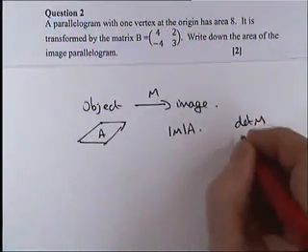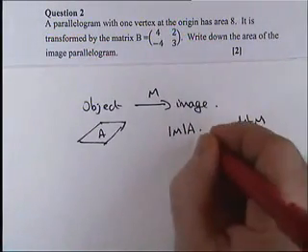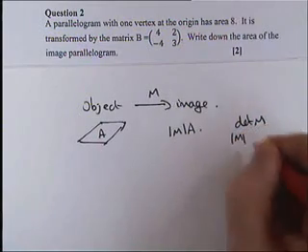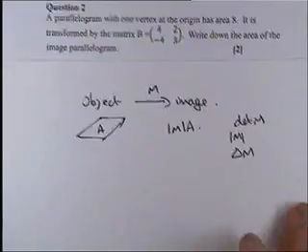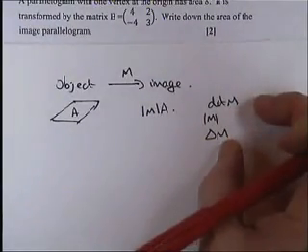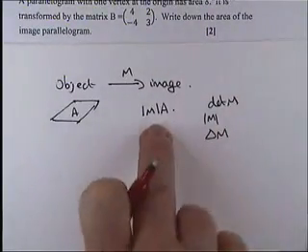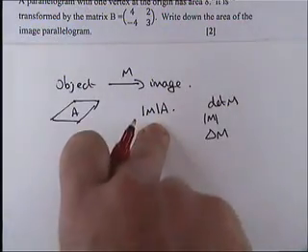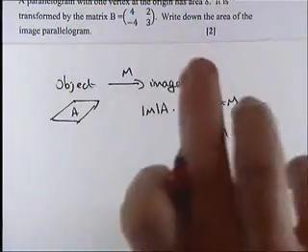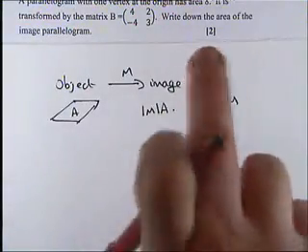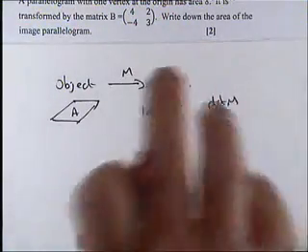It's det M, |M|, or M. But the thing is, it's got to be the magnitude that we're worried about. So if this M comes out to be a negative, then we multiply by its modulus. It's the magnitude we're looking for, but we will know that the sense of the enlargement is changed.